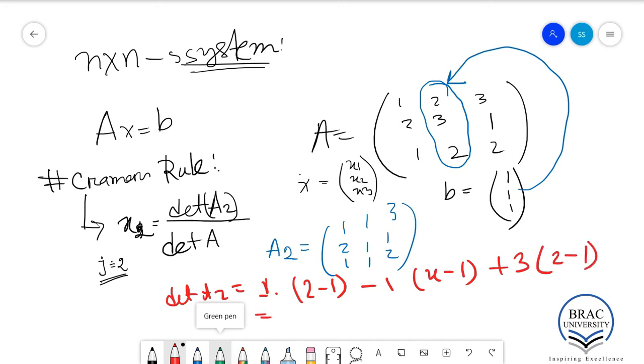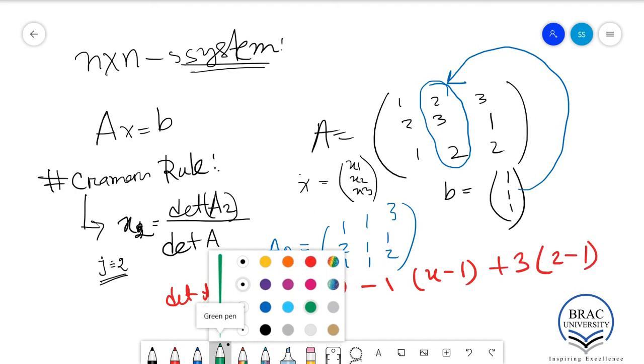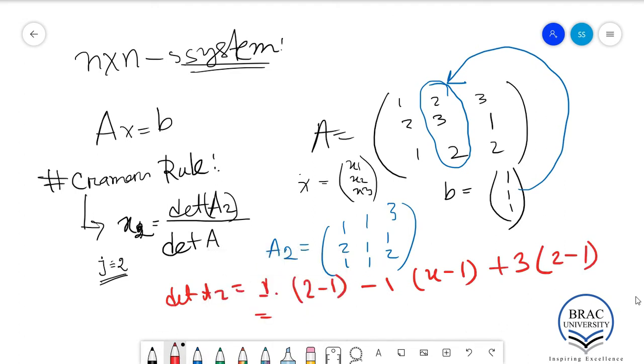This will give me 1 minus 3 plus 3. So this is just 1.